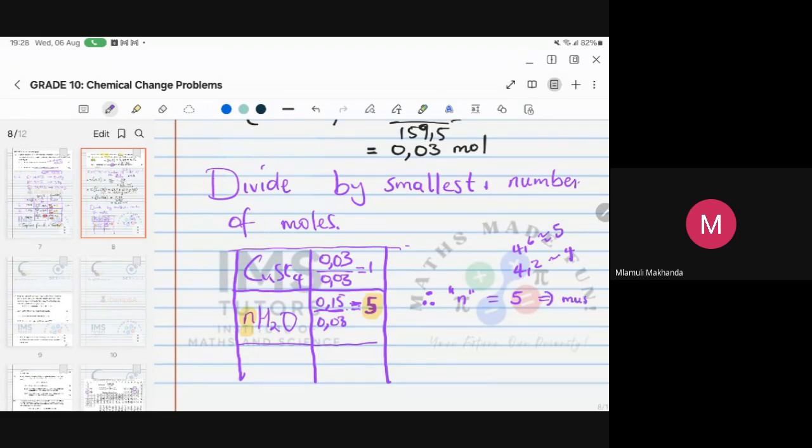Must always. It's the same principle that we used when doing empirical formula. So for every 1 mole of copper sulfate, there are 5 moles of water molecules in that hydrous salt. That's what this whole thing means.